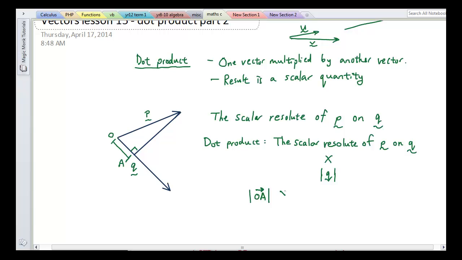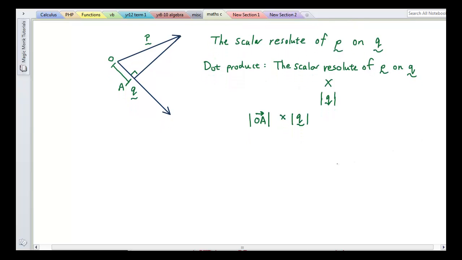The length of OA times the length of Q. And that's called the dot product. Okay, so let's write it out in a better way. So the dot product of P and Q is written as P dot Q. So that's how you write it, that's the symbol for it.